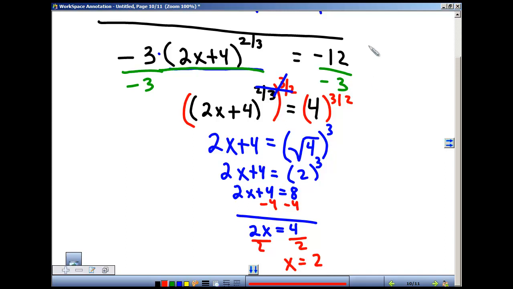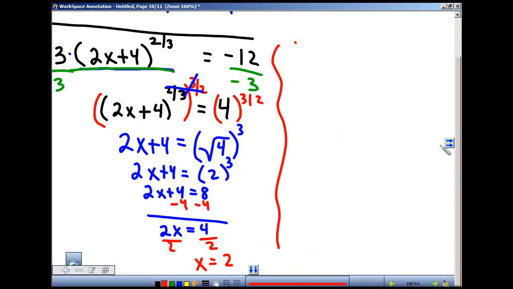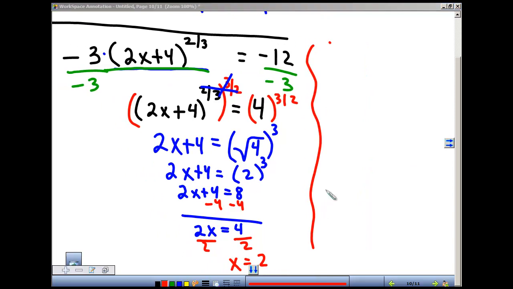Need to check and see if this is true. Plug 2 in for the original expression. Want to see if all of this is equal to negative 12.